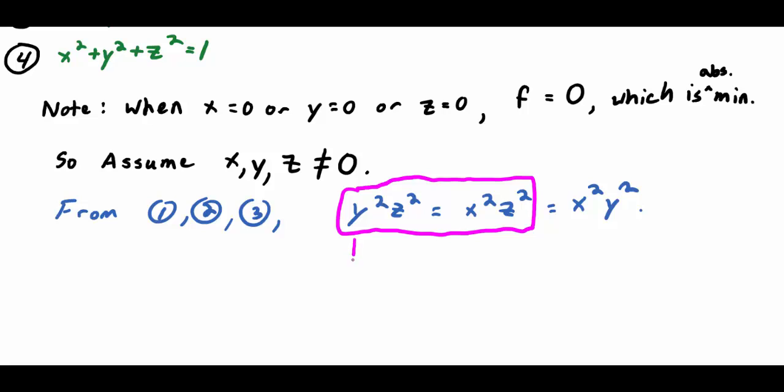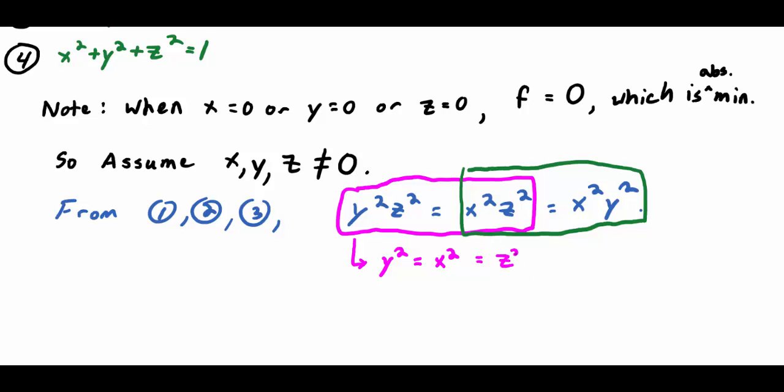You can say that y squared equals x squared, and then from the second grouping of equations, the last 2, what could you divide out? The x squared, so that means y squared equals z squared. So the point is that y squared equals x squared equals z squared. Does everybody see that?